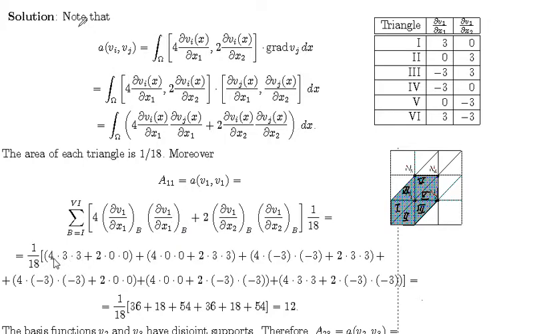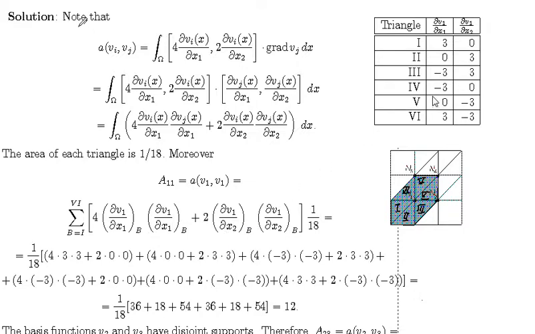So we have here 4 times 3 times 3 plus, and now we come to this term, 2 times this value, which is equal to 0 in this triangle.